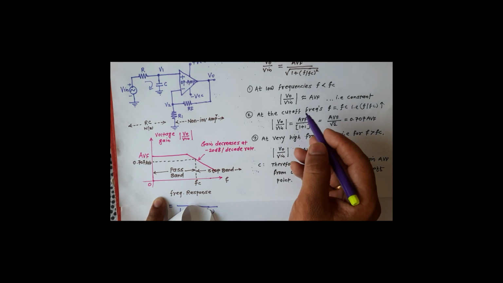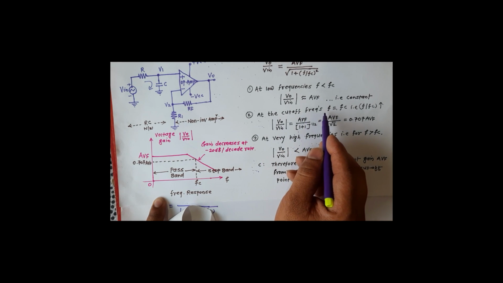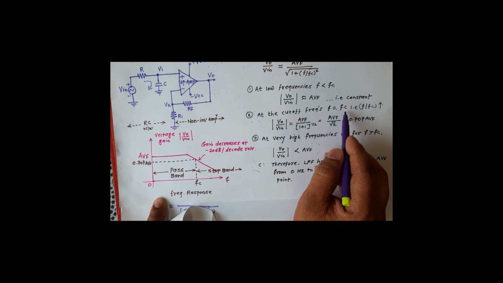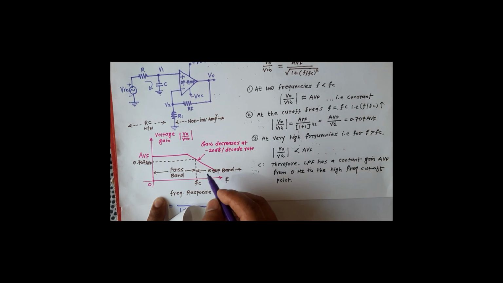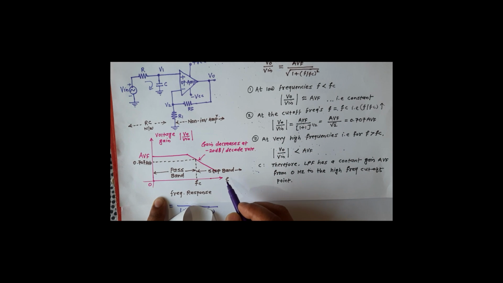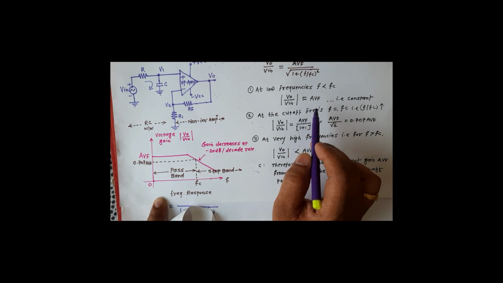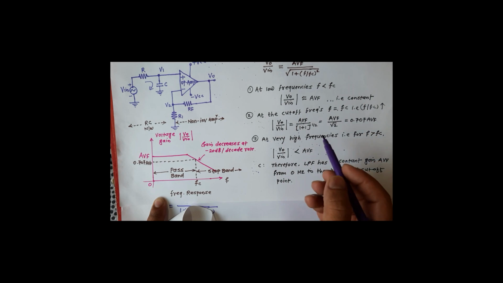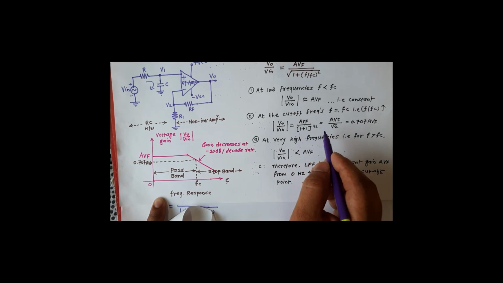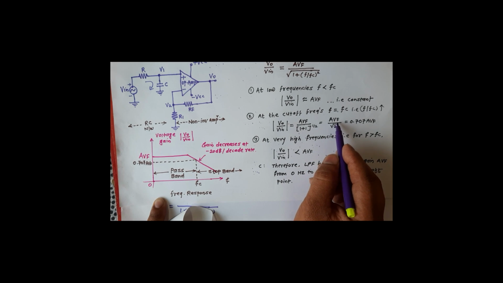Next is at the cutoff frequency, f is equal to fC. When your frequency f is equal to cutoff frequency fC, the ratio of f by fC becomes 1, that is 1 plus 1, and the gain is equal to AVF upon root 2.